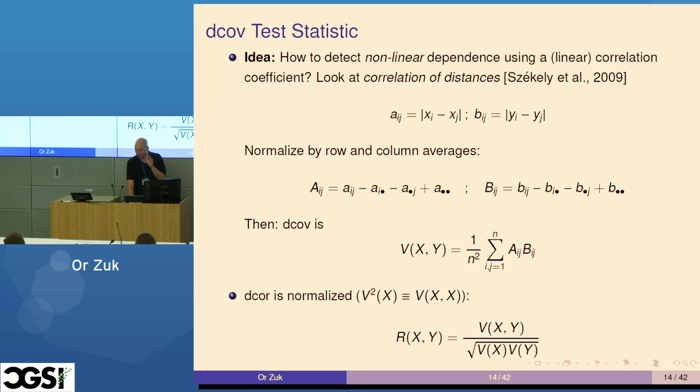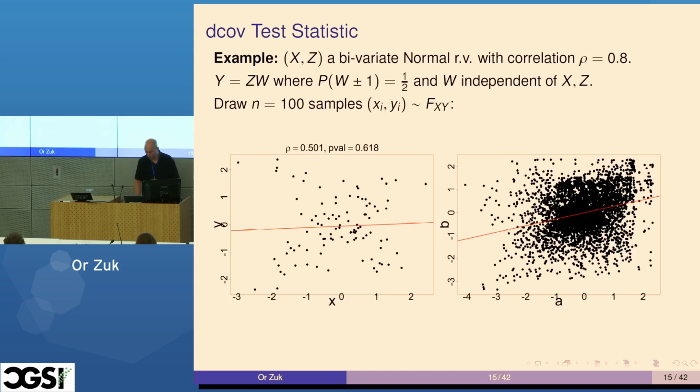All right, so very neat idea, a pretty simple trick, but it has very many desirable properties. And just to illustrate this idea, I'll show you a simulation. On the left, we have the data. What I've done here is just simulate a bivariate Gaussian with positive correlation. If you just have positive correlation, you can use Pearson. But I flipped the sign of one of the variables randomly. So maybe you can see here that there is really an X shape.